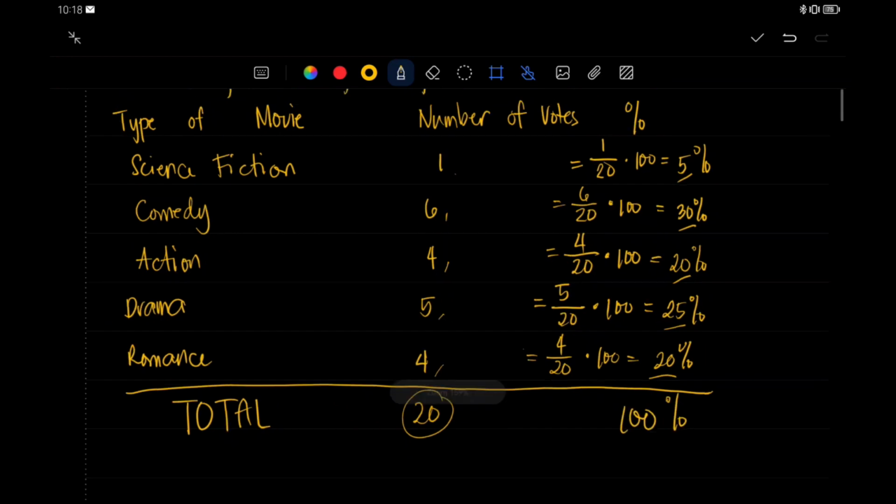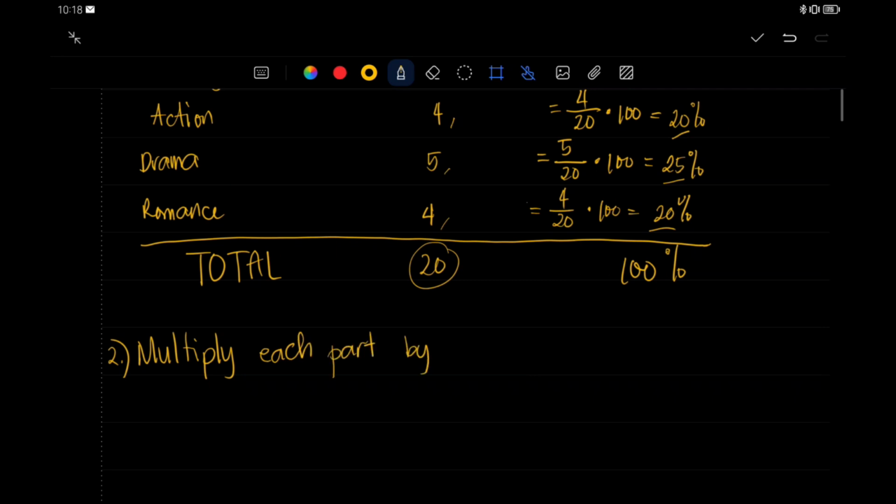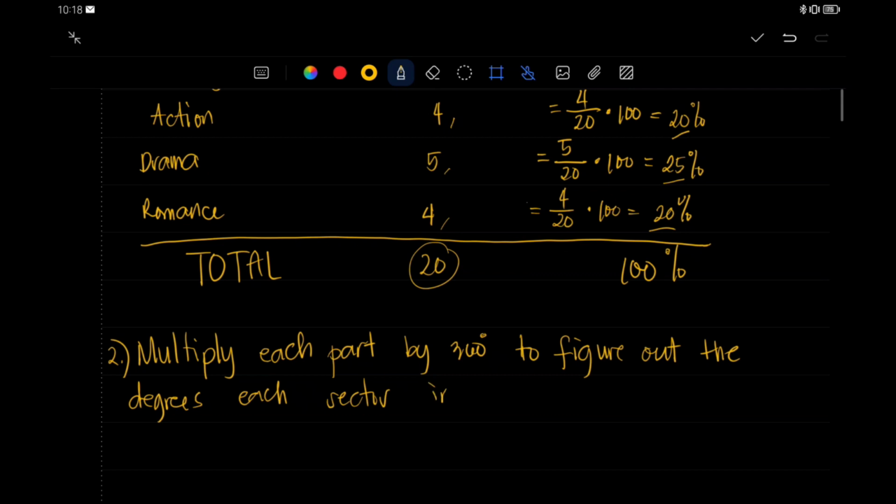So after this, step number 2, multiply each part by 360 degrees to figure out the degrees of each sector in the pie graph.